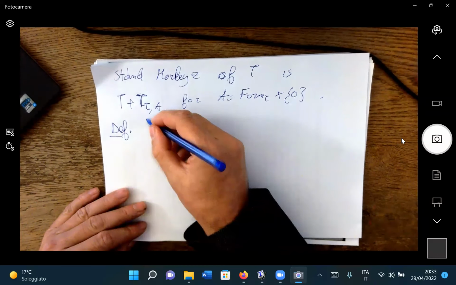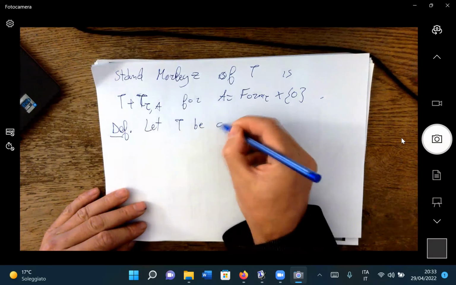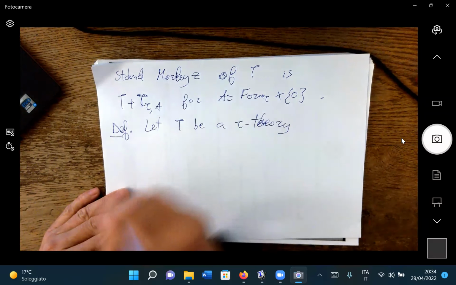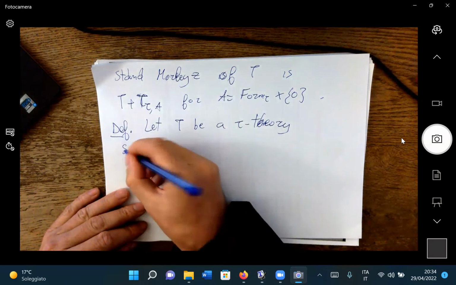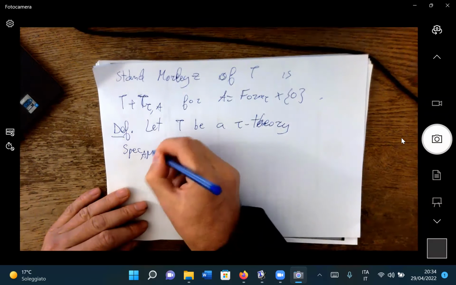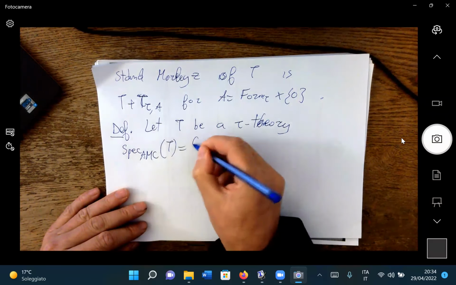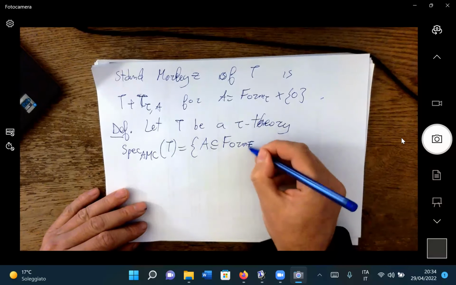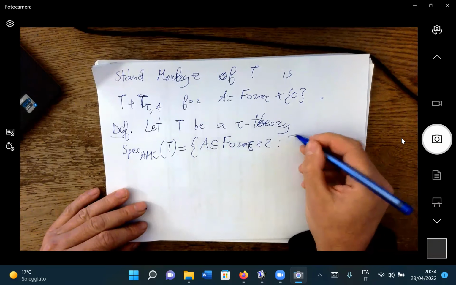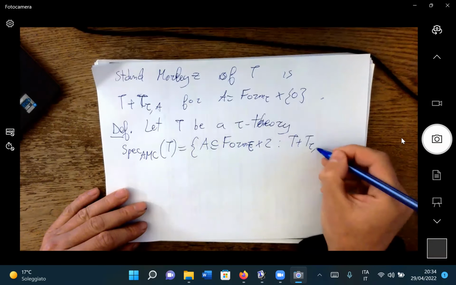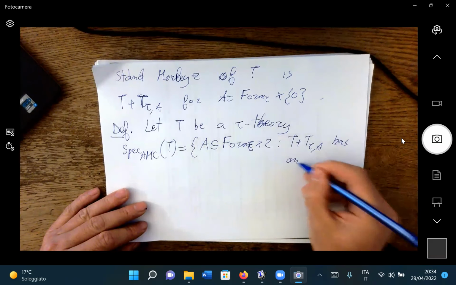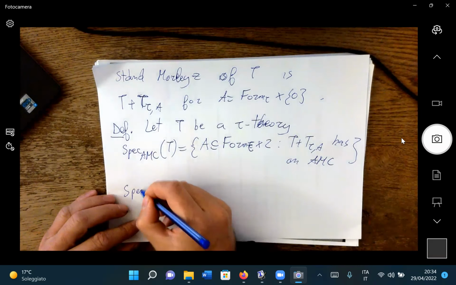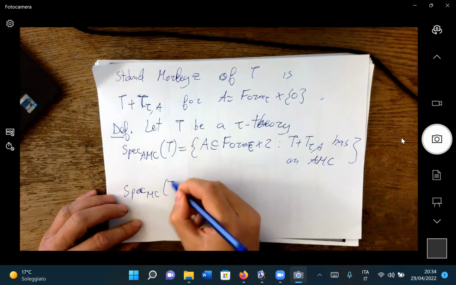Definition: let T be a tau theory, and we let spec AMC of T be equal to the set of A contained in formulae tau times 2, such that T plus T_tau^A has an absolute model companion. And I can define accordingly spec MC of T.